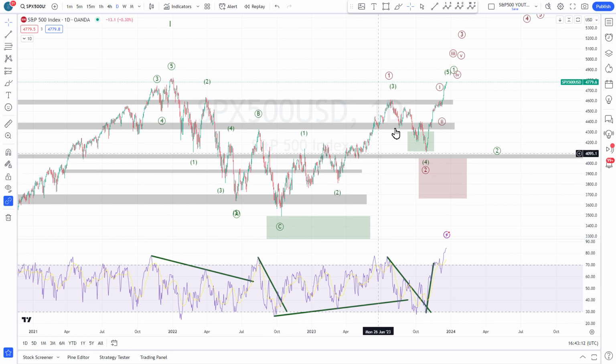If we hold the all-time high, then it is a regular flat. If we overshoot the all-time high, then it can be an expanded flat. Okay, that's it for now.